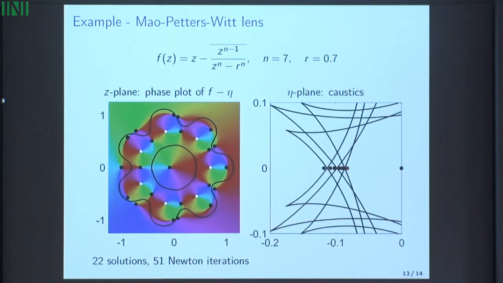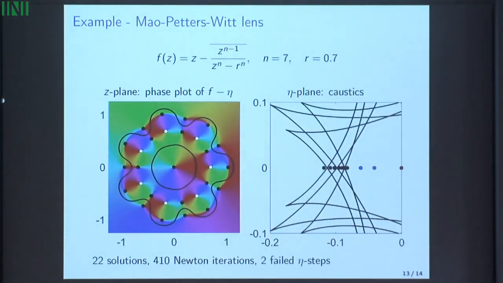But in the very last step, now, while transporting the solutions for this right-hand side to actual zeros, the method fails. So we're not able to find distinct solutions. So 2 initial points converge to the same solution.